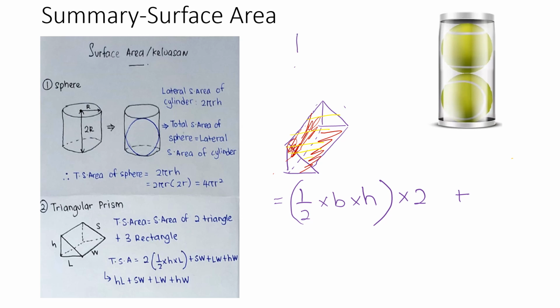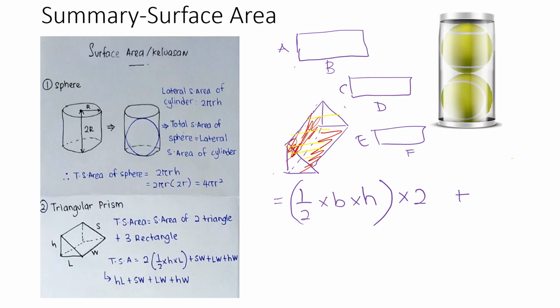Each of the rectangles will have their own length and width. Okay, you just need to look at the diagram and find the length and width of each of the rectangles. So maybe the first one is A times B, and then the second rectangle might be C, D, and then the third rectangle may be E, F. It depends on the question what they are giving.